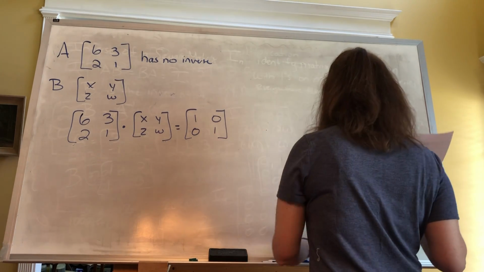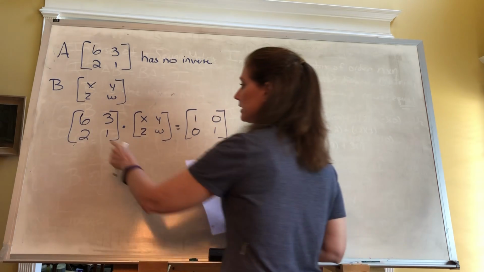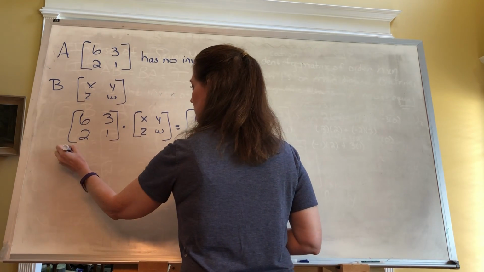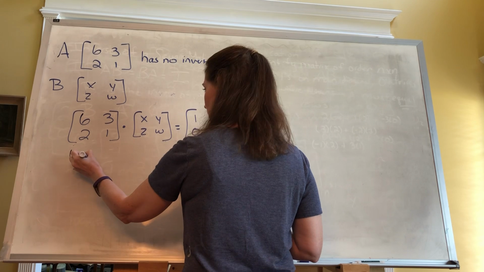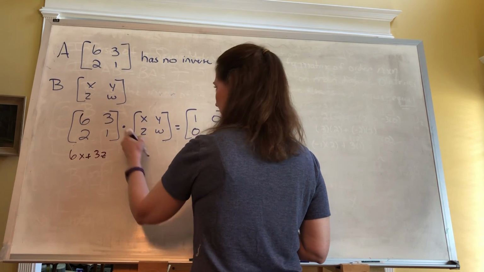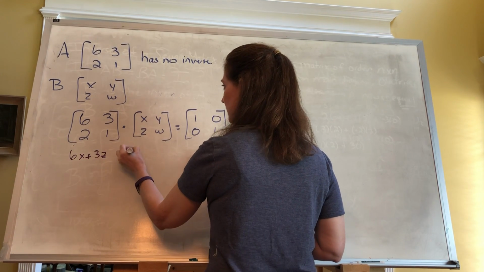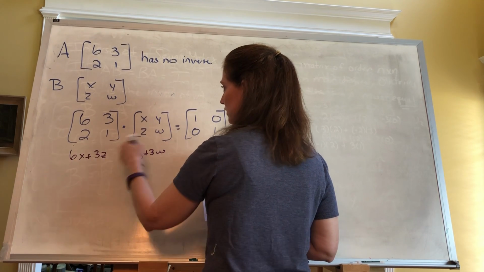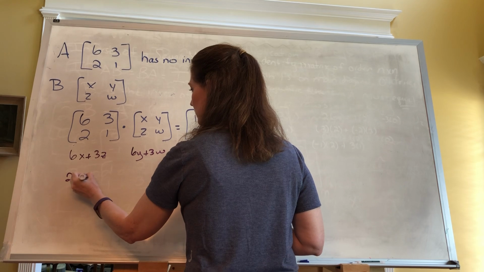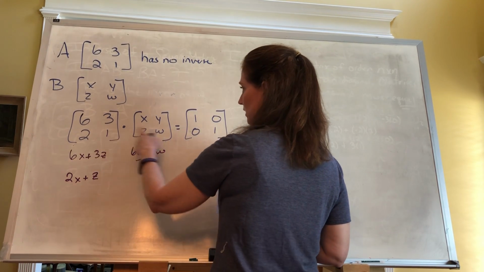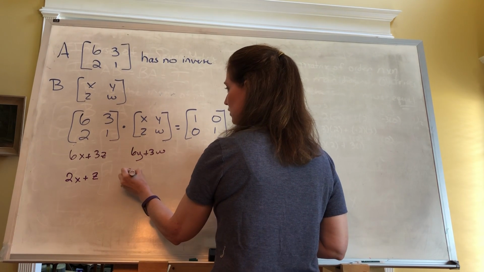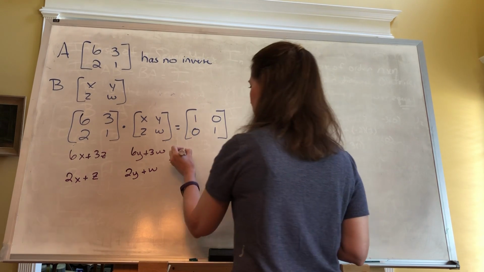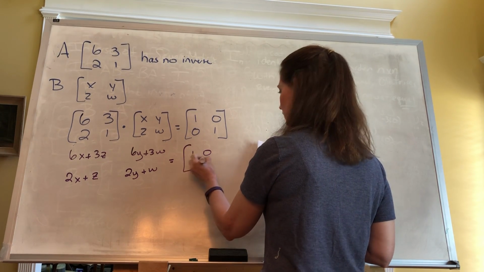So multiplying this out, again, we do first row, first column. So I have 6x plus 3z, and then first row, second column, 6y plus 3w, second row, first column, 2x plus z, and second row, second column, 2y plus w. And we're saying that that equals 1, 0, 0, 1.